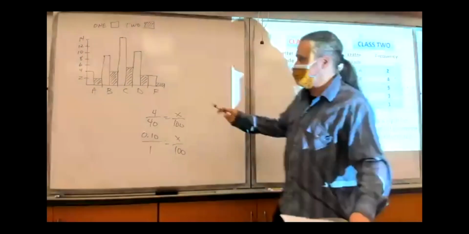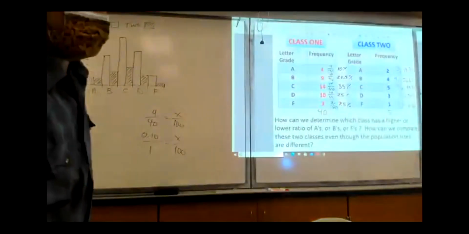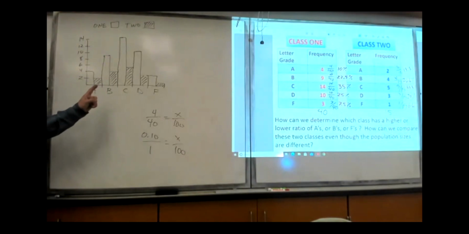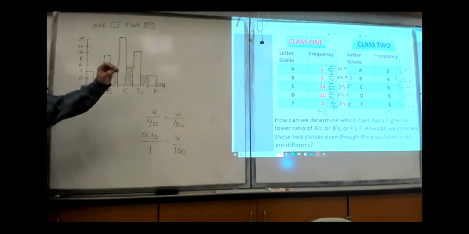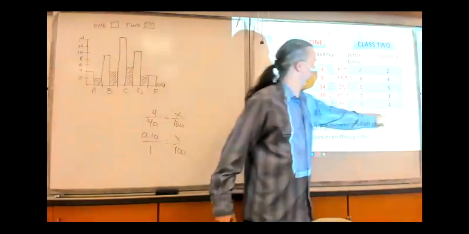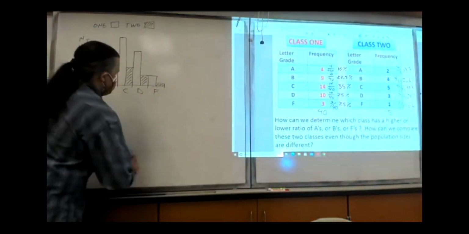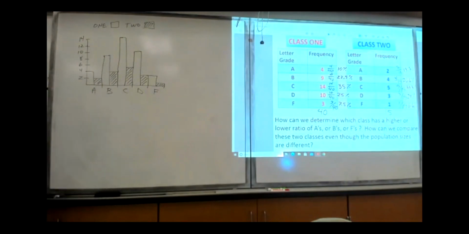Now, if we make the bar graph based upon the percentages, we're going to get a different display. Because now we're comparing them based upon per 100, whereas originally it was per 40 and per 15.